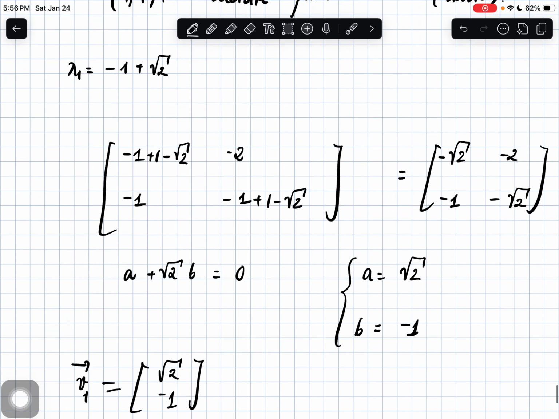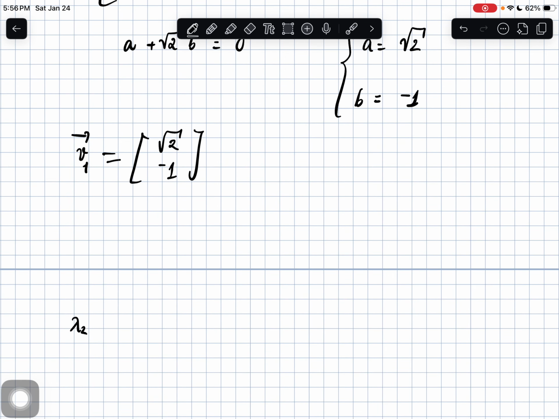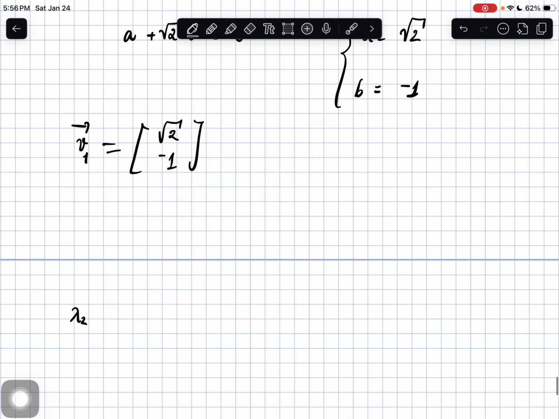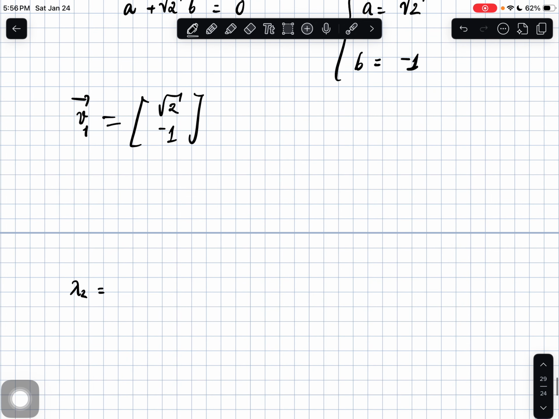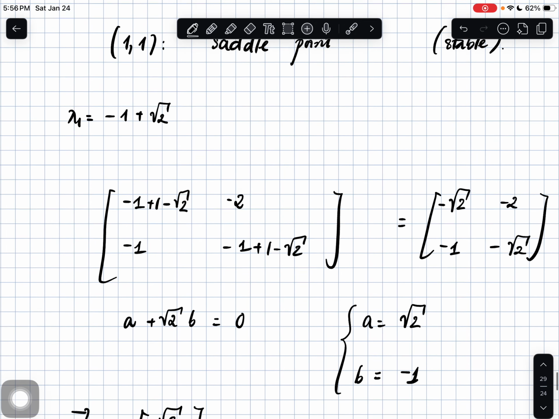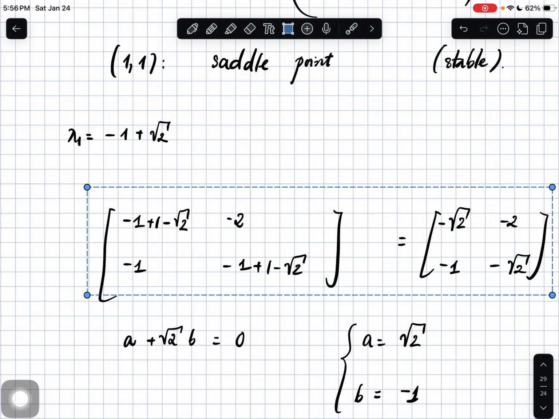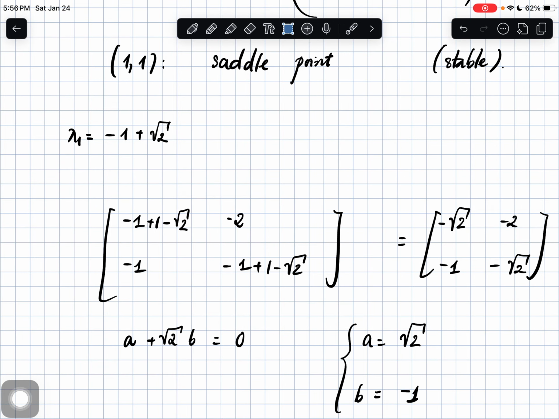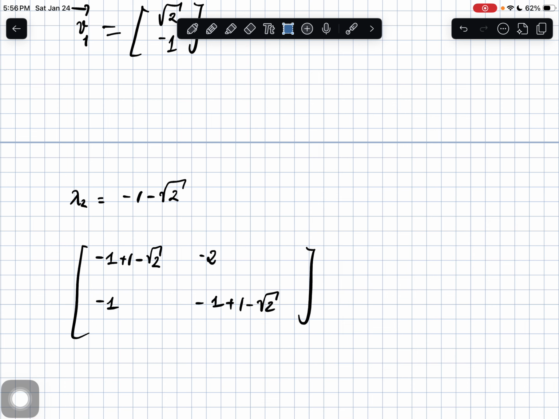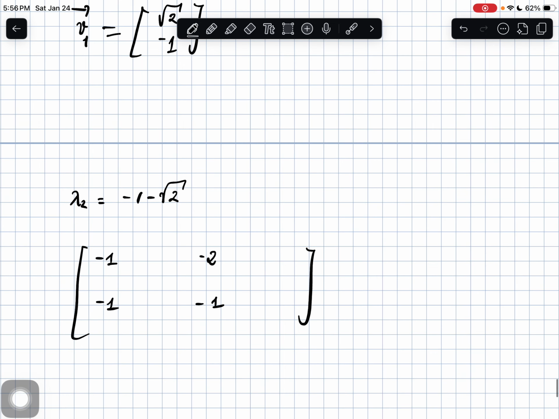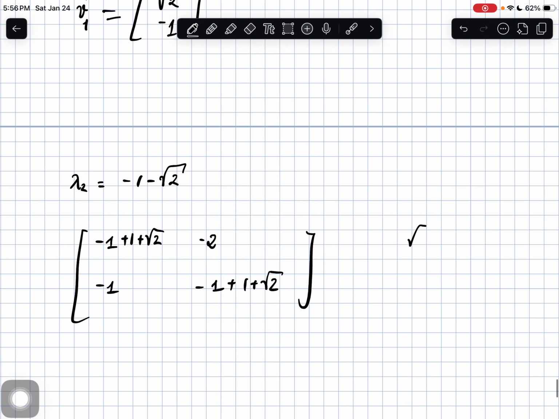We do similar for lambda 2. Negative 1, negative root 2. So this is the Jacobian minus lambda 2, so plus 1 plus root 2, minus 2, minus 1, root 2.